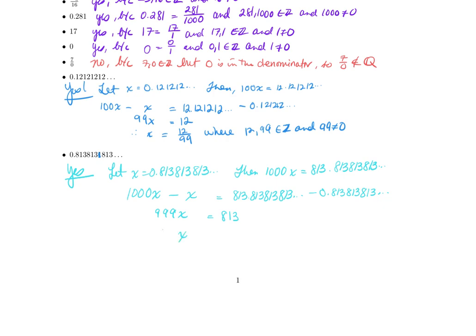So we solve for x, therefore, x is 813 over 999, where 813 and 999 are integers, and 999 doesn't equal 0. We will find that going through this process and writing out these applications of the definition, saying that our ratio is of two integers and the denominator doesn't equal 0, is going to help reinforce our proof writing that we're going to move into next.